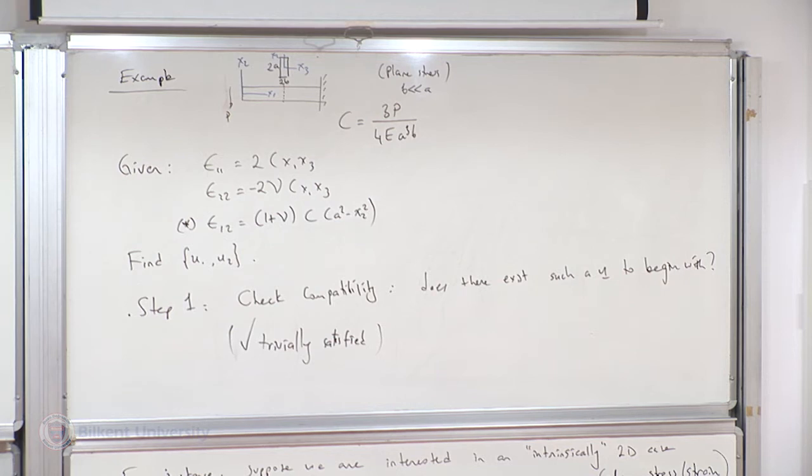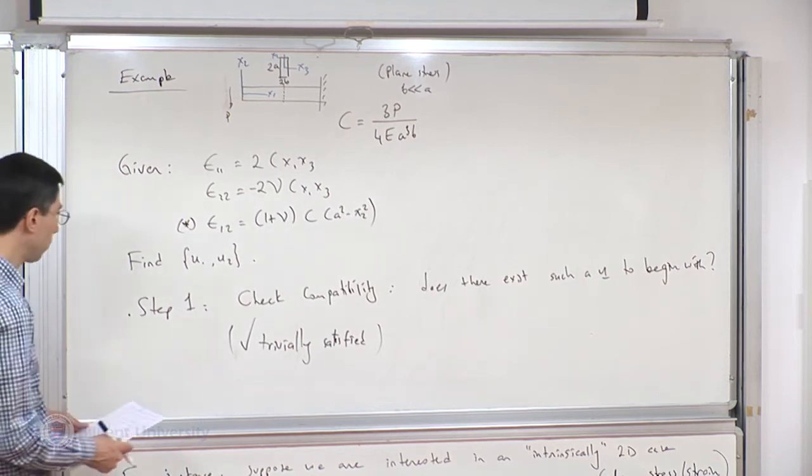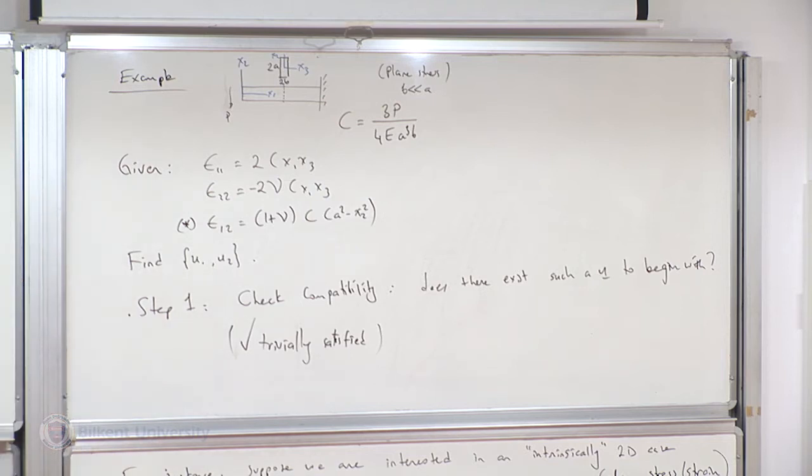So now that I know that there exists such a displacement field, I carry on with the solution. And this I'd like to do because we need to do some integration. So let us raise this board.